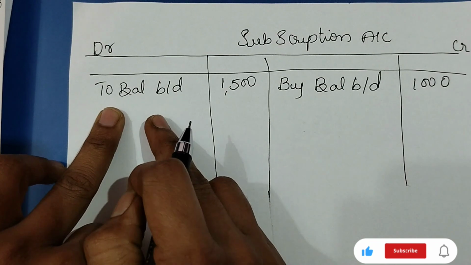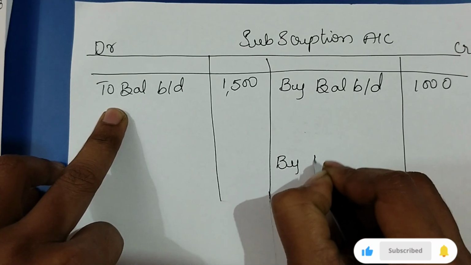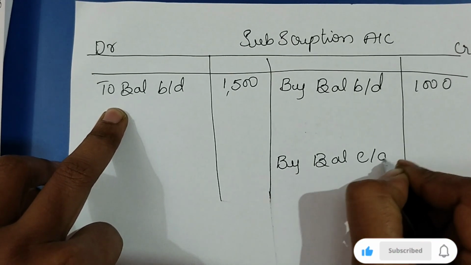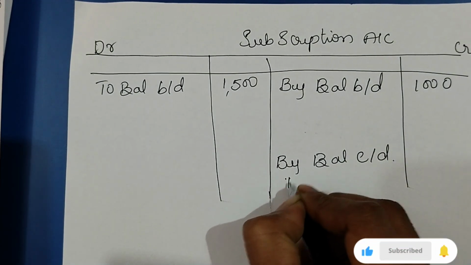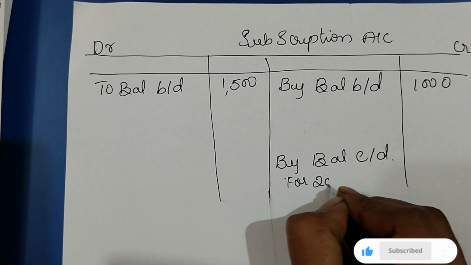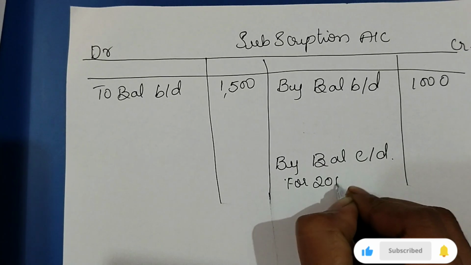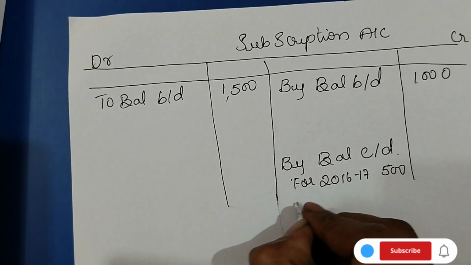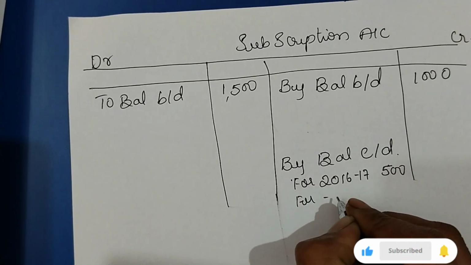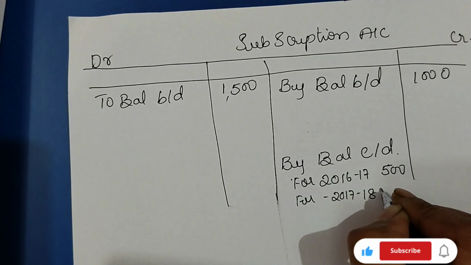Now we have recorded the opening outstanding amount. Now we'll record closing outstanding by balance carry down. And here we have two amounts. One amount is for the year 2016-17, 500, and for the year 2017-18 is 1,000.